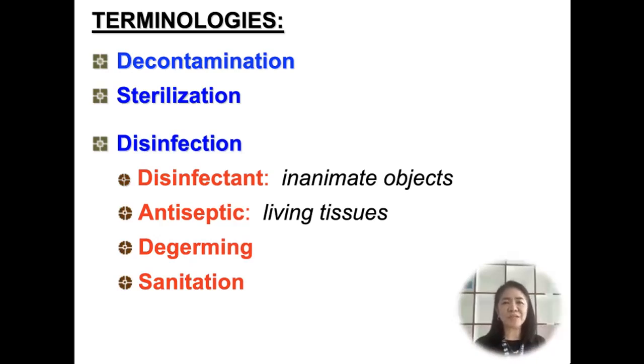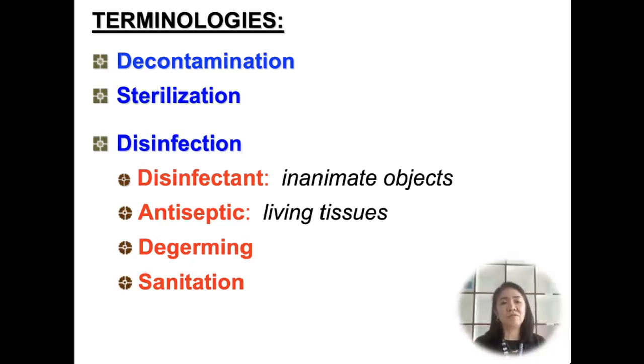So pag nag-decontaminate using a process of sterilization, sure na you will be removing non-pathogenic as well as pathogenic organisms on the materials. Now, pag disinfection naman, this is the type of decontamination wherein you'll be removing only what is non-pathogenic or what is normally growing on the surface of your material, but it will not actually remove pathogenic organisms.